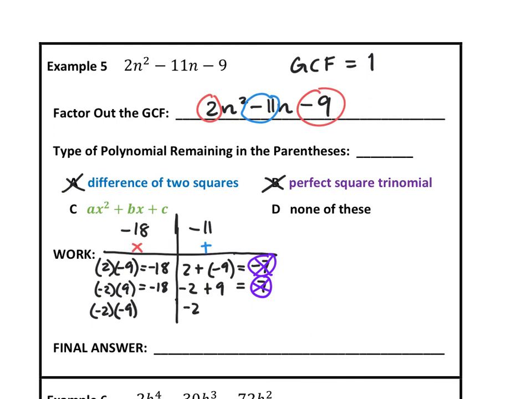Because negative 2 plus negative 9 is negative 11. It worked, right? Well, be careful, because even though we got the middle number, what's a negative times a negative? That's positive 18. But do we want a positive 18 or negative? We want a negative 18. So that doesn't work.